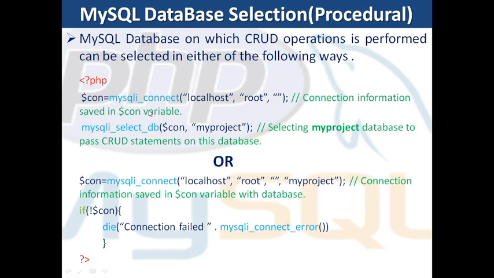As we had seen, the connection information is saved in the $con variable, and then we will select the database using the mysqli_select_db function. And another method is we can pass database information in the mysqli_connect function itself.